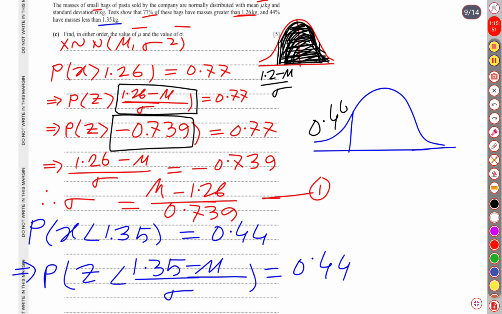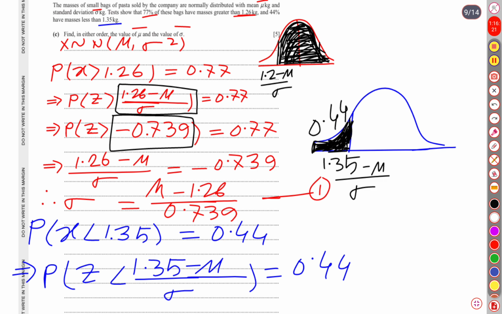This small part is our probability, hence the z score is lying on the left side, which is (1.35 minus mu) over sigma.